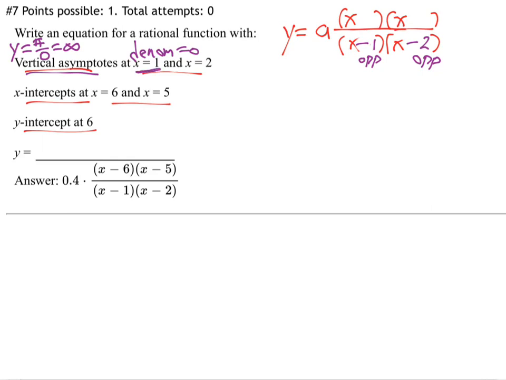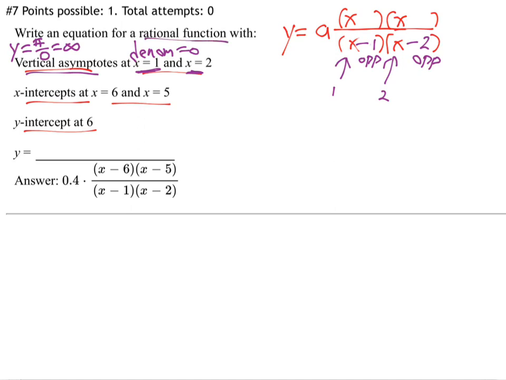So if x equals 1 and x equals 2 are vertical asymptotes, they must make the denominator 0. See, if I plug in x equals 1, it'll make that part 0. Or if I plug in x equals 2, it'll make that part 0. So we must have x minus 1 and x minus 2 in the denominator of this rational function, this fraction.